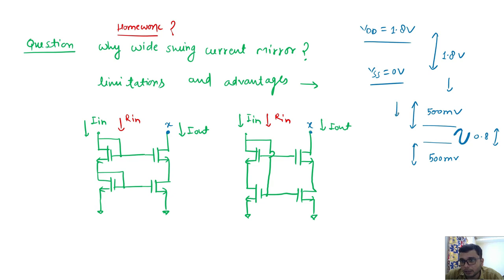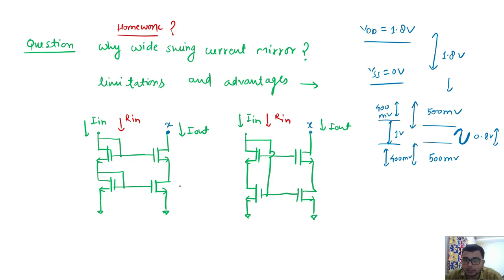If I give a headroom of 400 millivolt to the upper devices and 400 to the lower devices, I am saving more headroom here. So what is the swing I can have now? 1 volt. This is my 1 volt peak to peak. That's why this headroom is very important. This current mirror is nothing but a bottom structure.